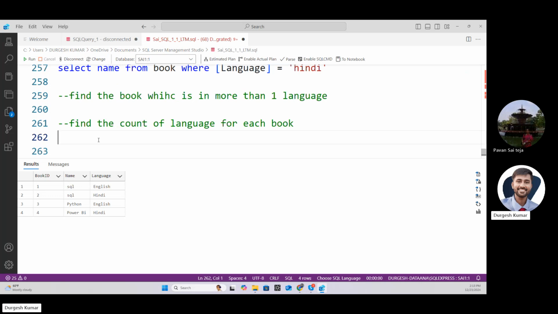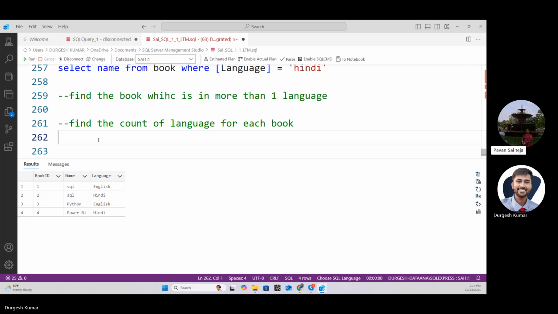Simple group by question. ट्राई करो, मैं आंसर हेल्प करूंगा, साई.